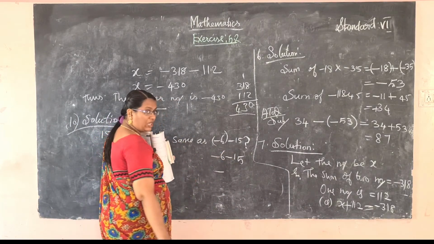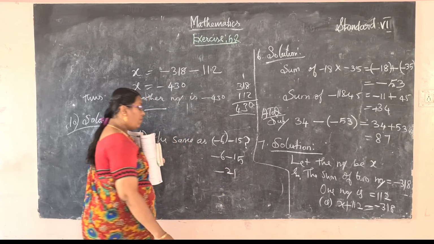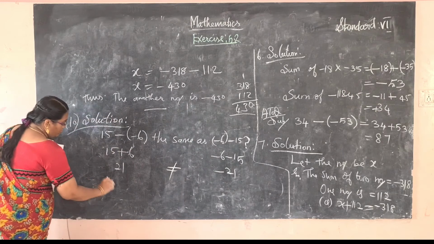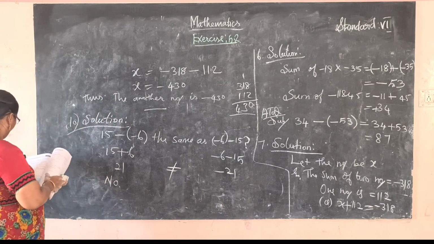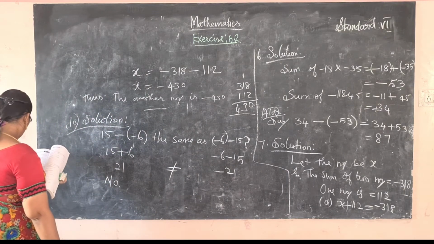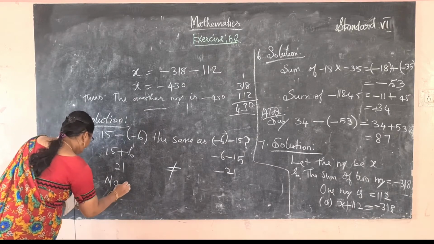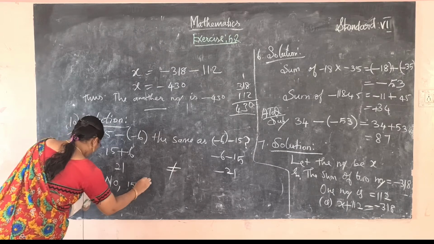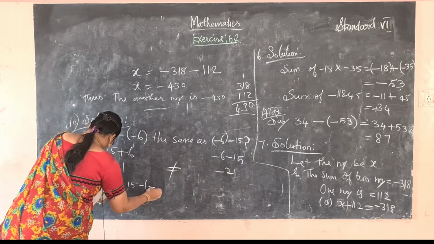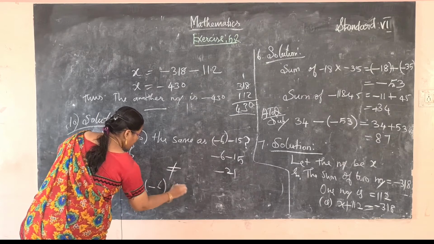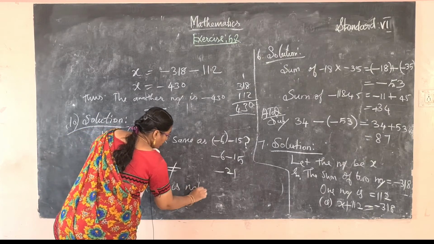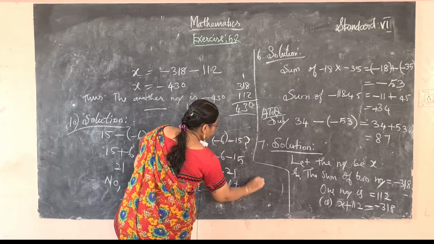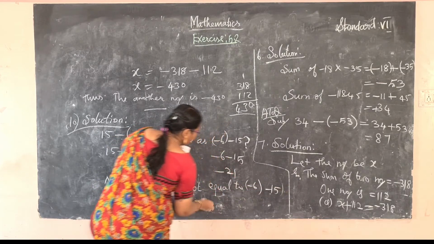So add and put the same sign. Here we get minus 21. So 15 minus 6 is not equal to minus 6 minus 15.